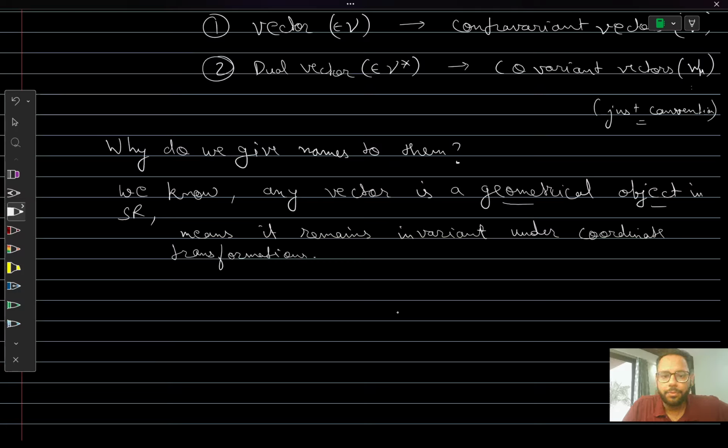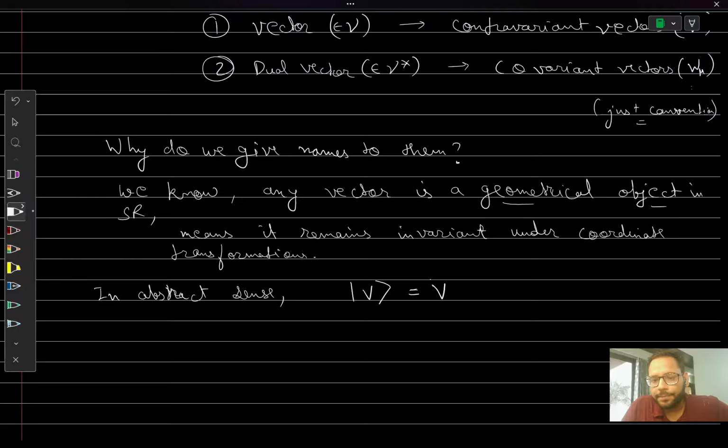So suppose in an abstract sense, this is my vector. I'm using the Einstein summation, but we need to know why we are placing upper and lower indices, so I'm not writing it in any summation form.